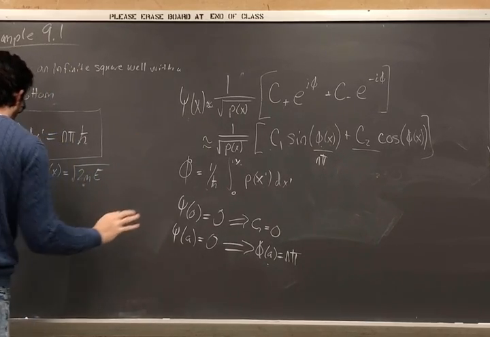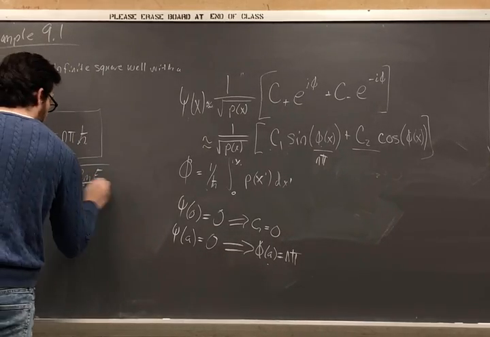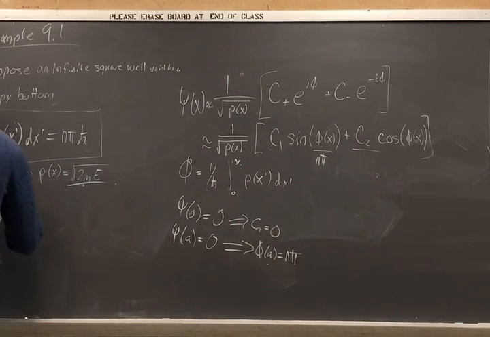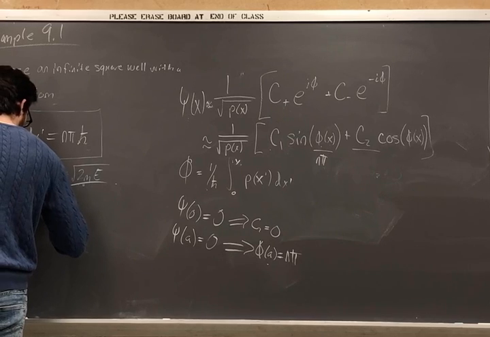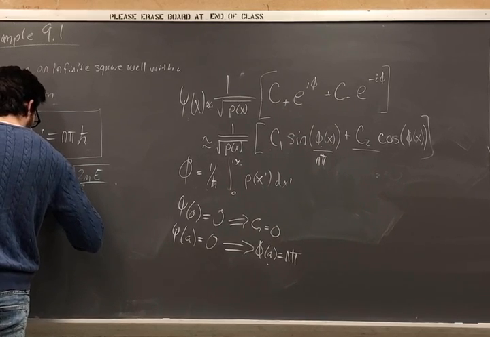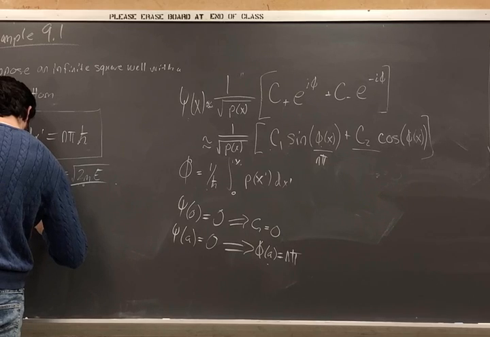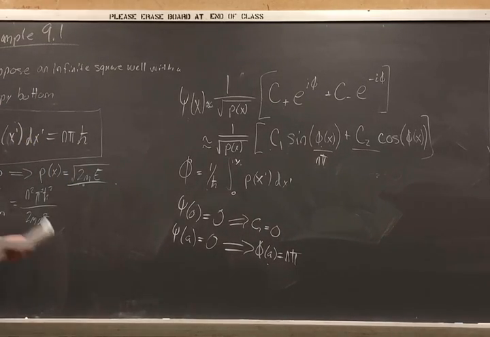We'll take that out entirely, and we'll get this 2mE. The astute among you will also remember that this gives us the allowed energies, E of n equals n squared pi squared h bar squared over 2ma squared. And this is just the infinite square well again.